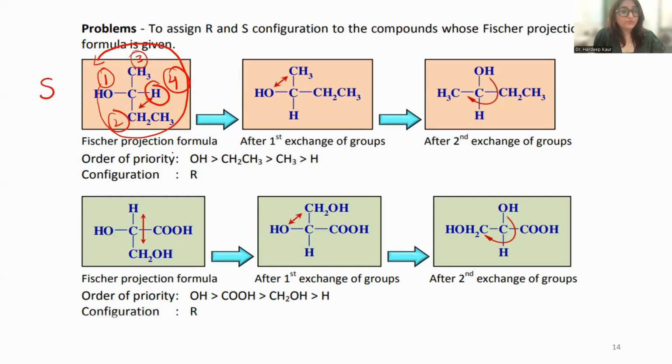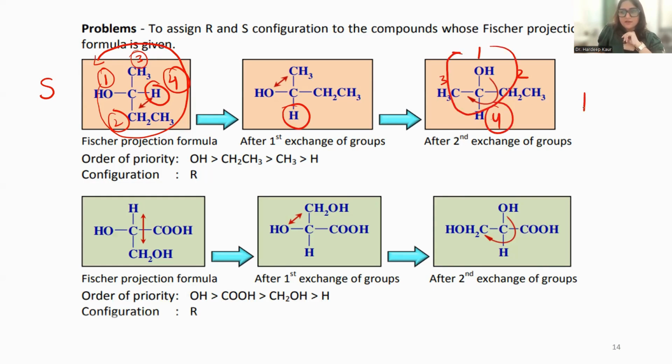But I have already told you, you have to make some changes in the compound. You have to rotate it or exchange the groups so that this hydrogen is at the bottom position. So now that it is at the bottom position, you will check the priority: first, second, third, and fourth. First, second, third.